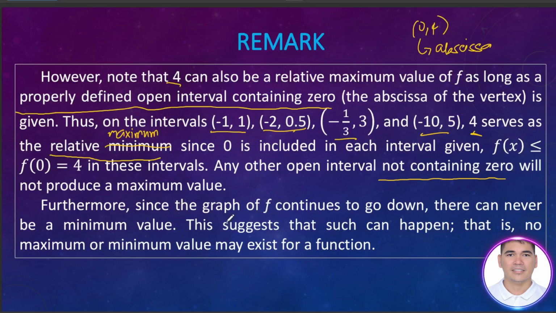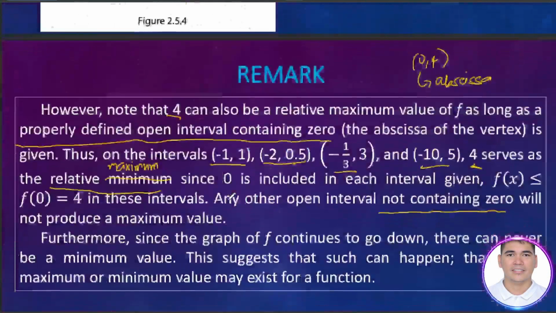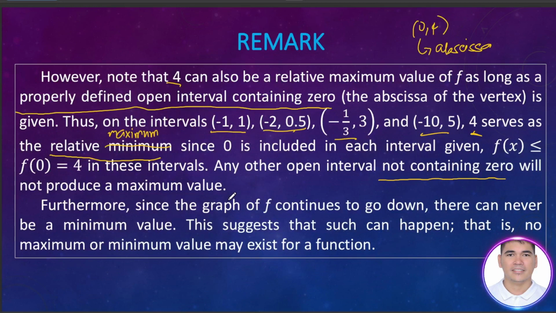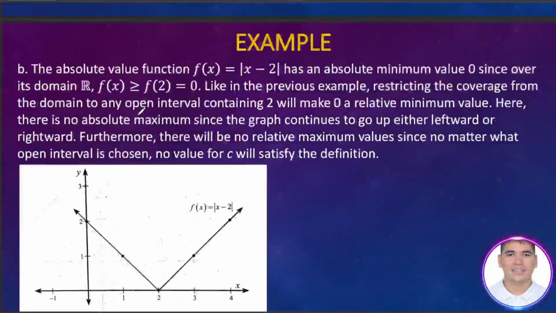Furthermore, since the graph of f continues to go down, as you observe in this graph, there can never be a minimum value. So this suggests that it can happen that no maximum or minimum value may exist for a function. Here we have the maximum, but we don't have the minimum value of the function. So that is our example A.